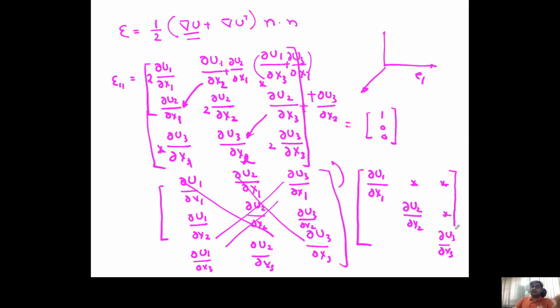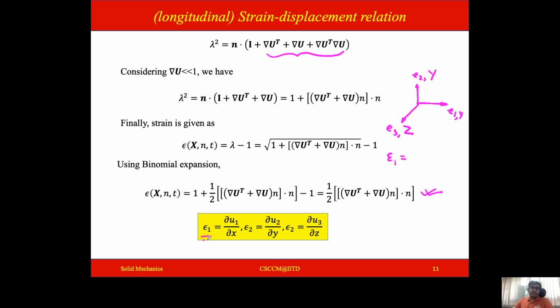But now there was n dot n, this part, which will become e1 dot e1. And as you do e1 dot e1, what you will see is that only this term will be remaining. Everything else will become 0. Only this is the term that you will get, which means epsilon 1 is basically del u1 by del x, or del x1.